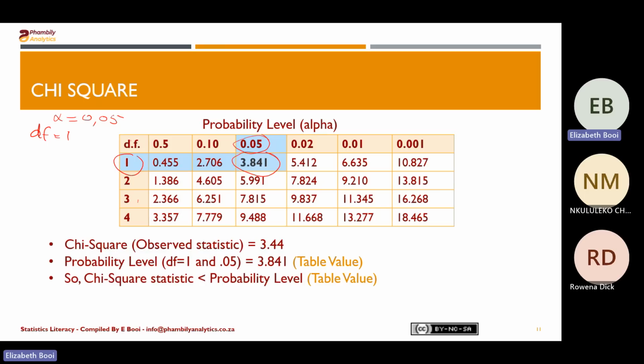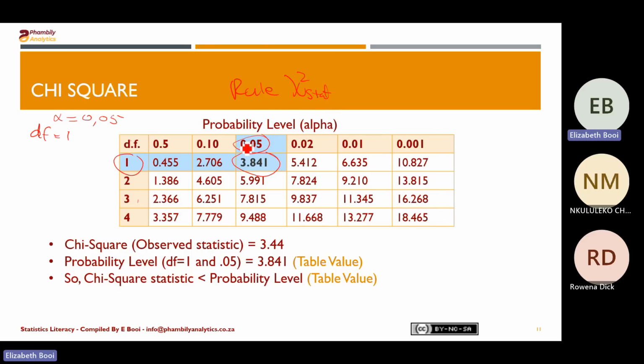Remember, the rule says if my chi-square test statistic is greater than my critical value, then we reject the null hypothesis. Let's write the rule again so that we can compare.